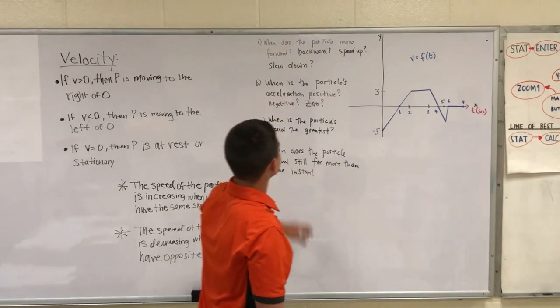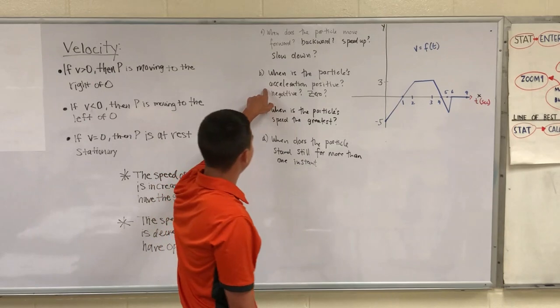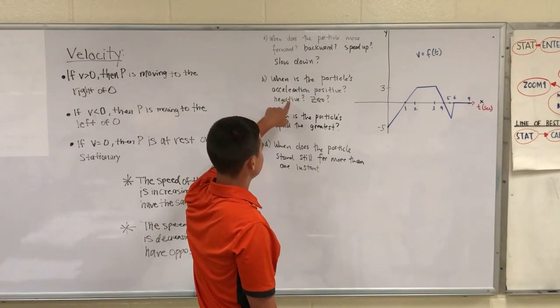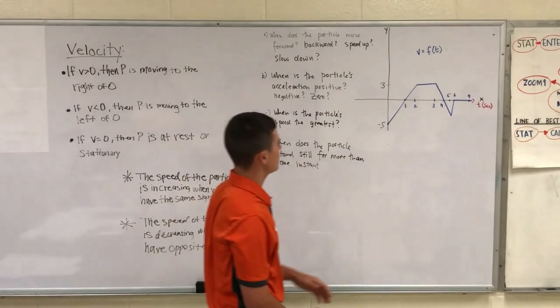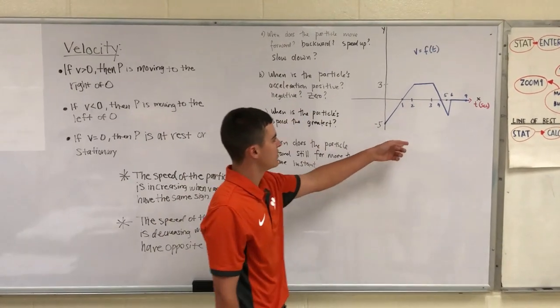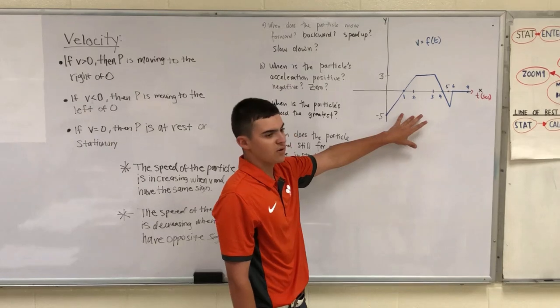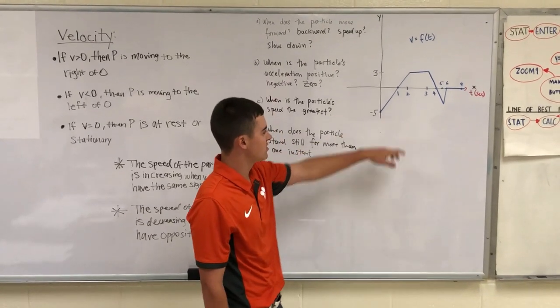Alright, so we'll go to B here. When is the particle's acceleration positive, negative, and 0? That's kind of what we just did. So the acceleration is just the derivative of the velocity function, or also the slope of the velocity function.